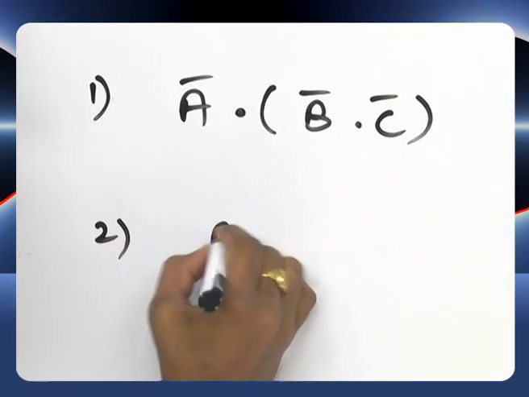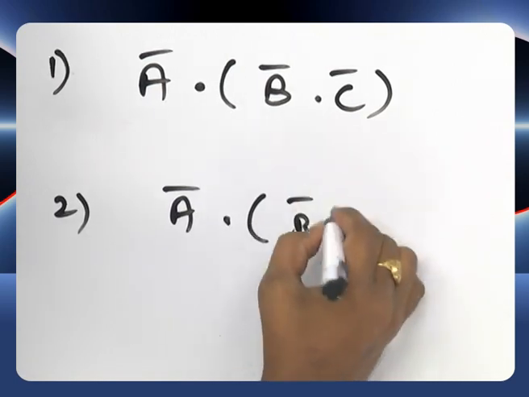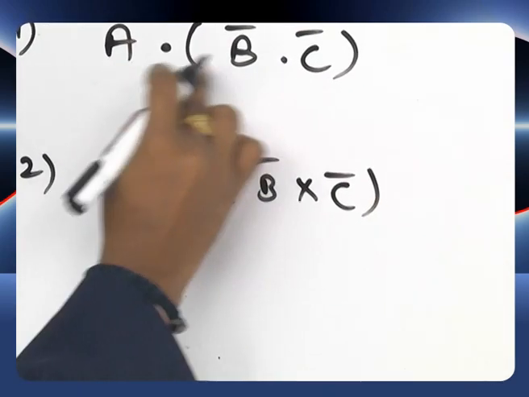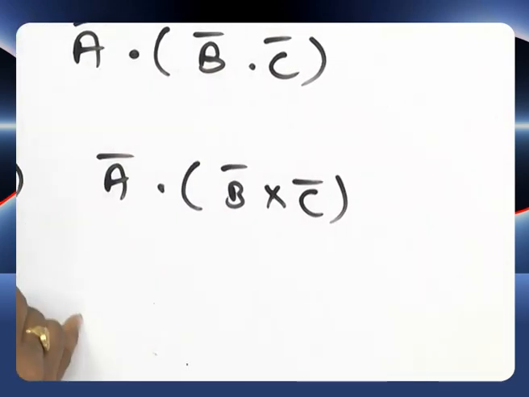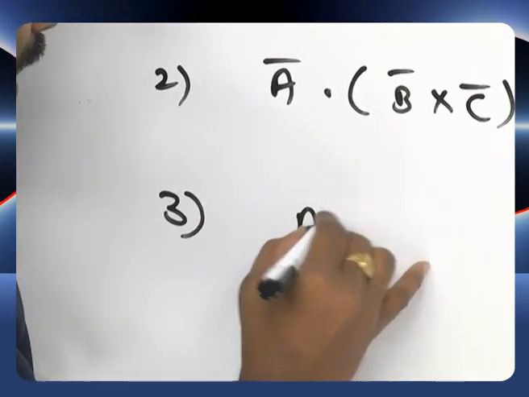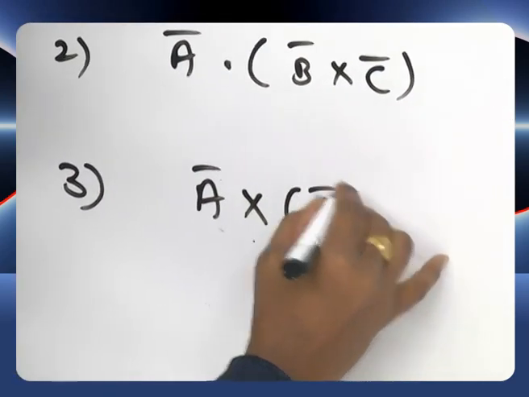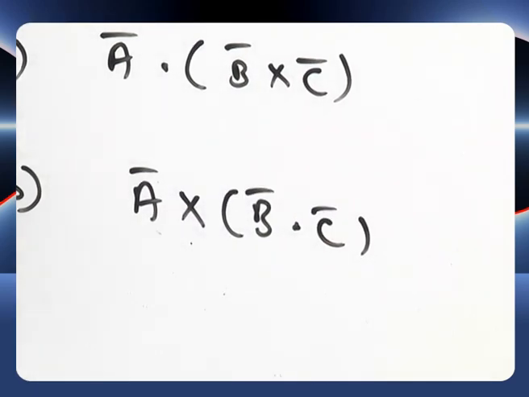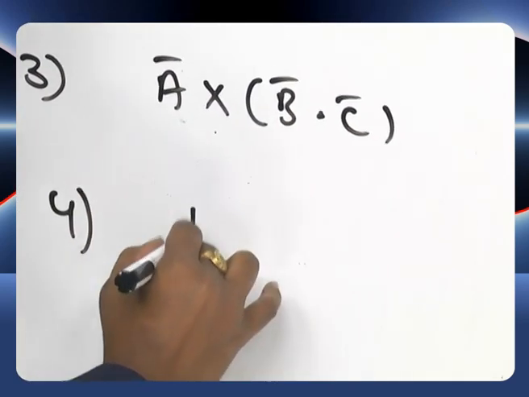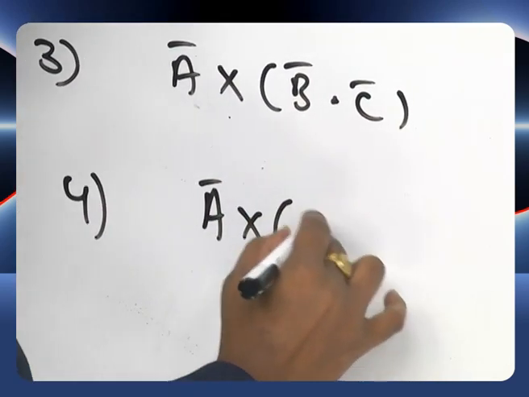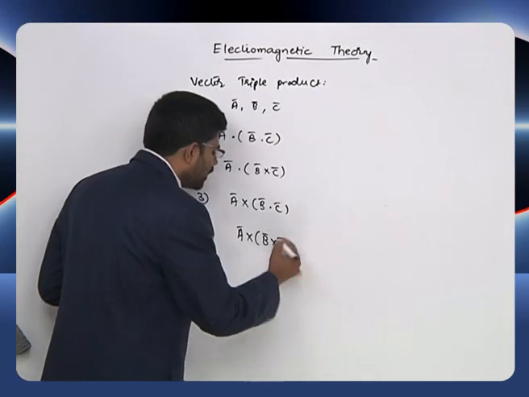The second one is the dot cross combination: a bar dot, b bar cross c bar. Third one, cross dot: a bar cross b bar dot c bar. Last one is cross cross: a bar cross, b bar cross c bar.